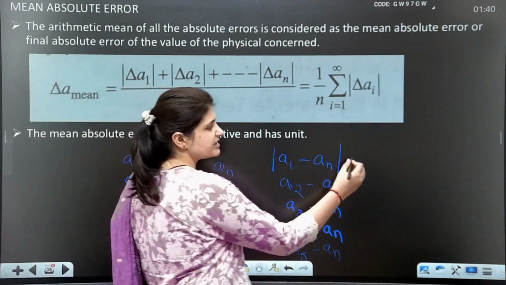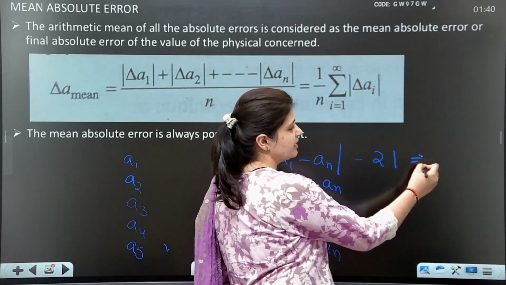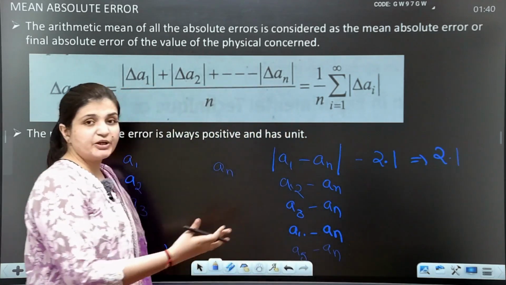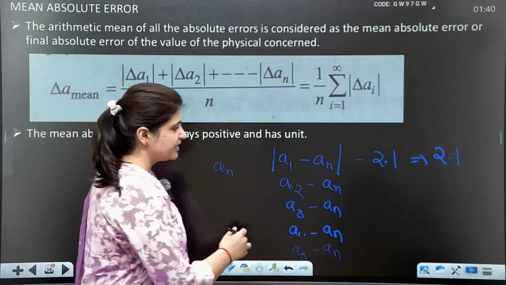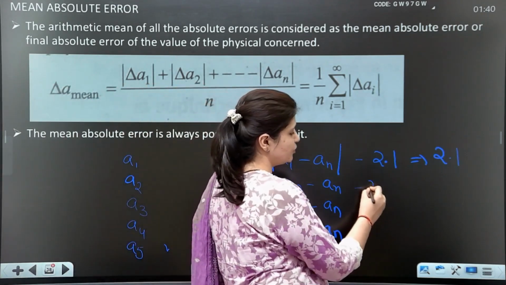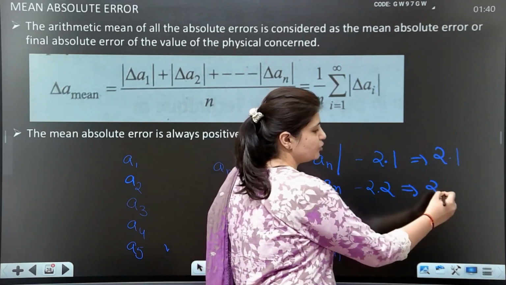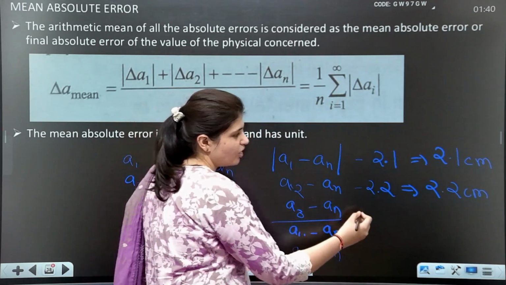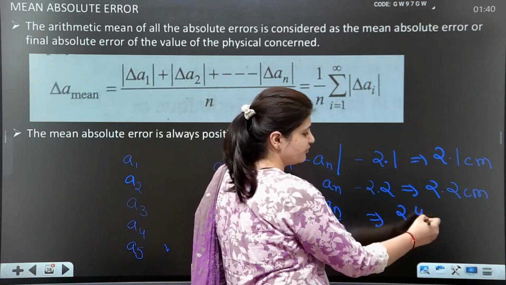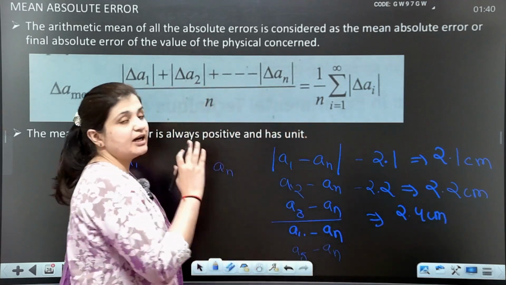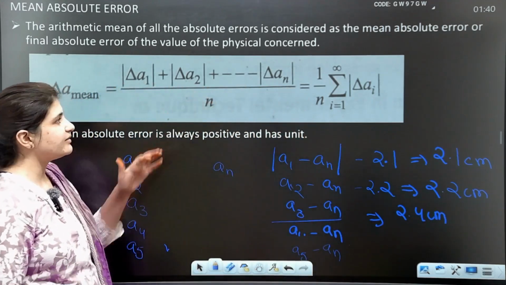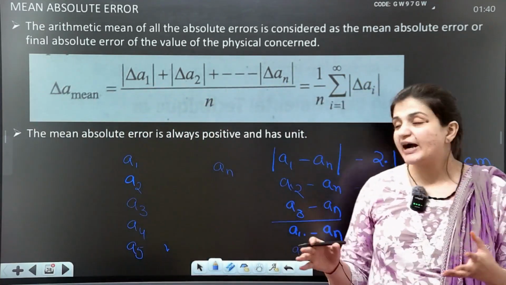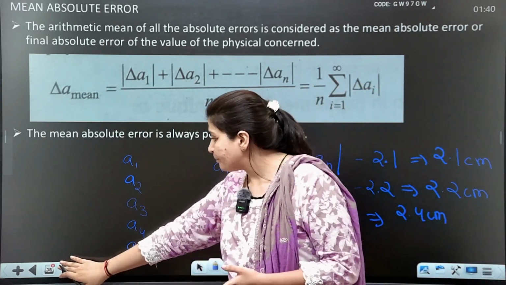Like if it is coming out to be minus 2.1, we take it as 2.1. Similarly, if it is coming out to be 2.2, we take positive 2.2, and here also it will come out to be 2.4. So we take all the positive values to calculate the mean absolute error. This is how we find the mean absolute error.